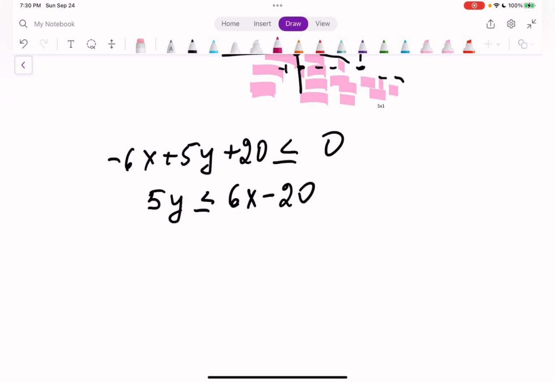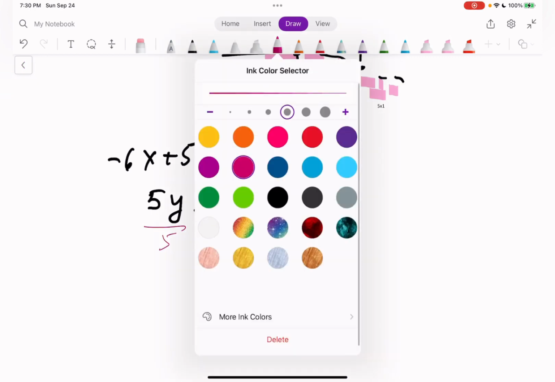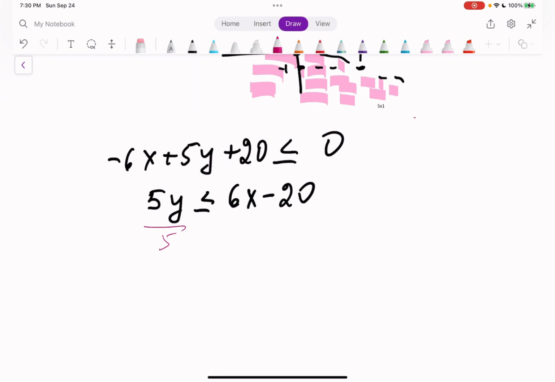And then to get y, I have to divide by 5. Divide by 5, divide by 5. This is gone, and we are getting y is less equal 6 over 5x and minus 4.